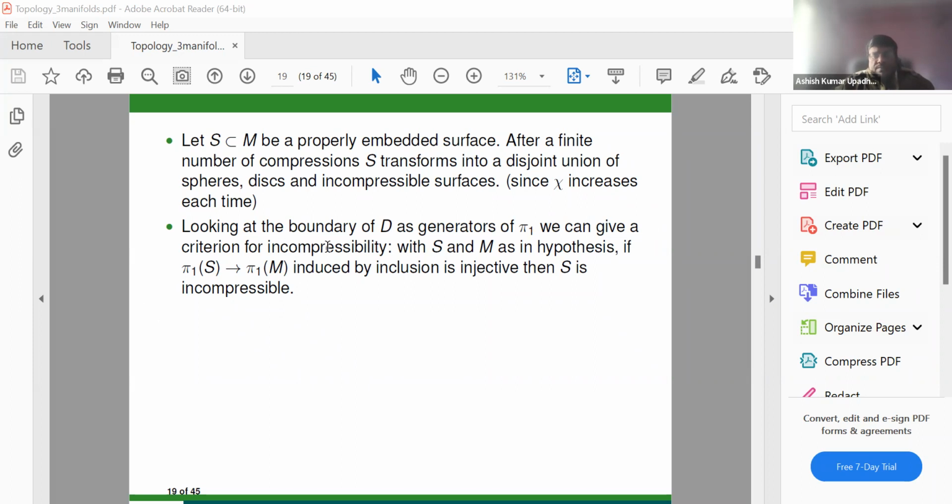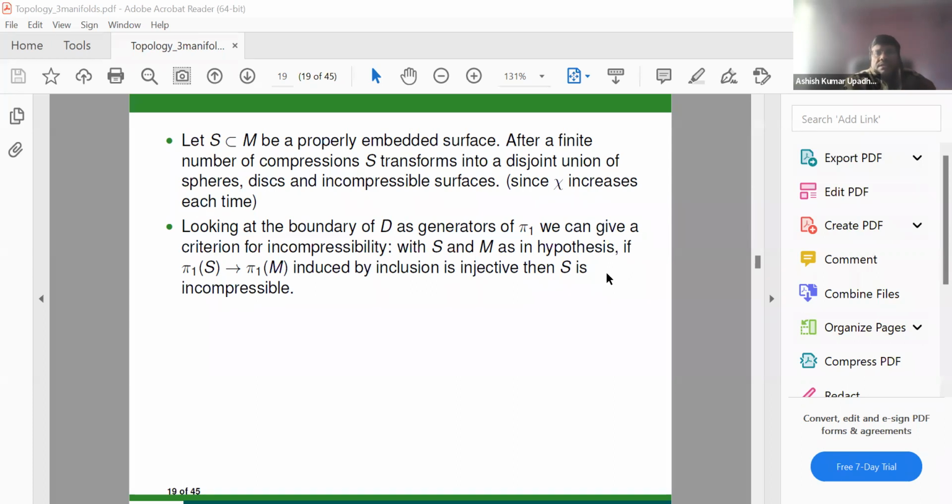Now, looking at the boundary of D as a generator of the fundamental group, we can give a criterion for incompressibility in terms of the fundamental group. The criterion goes as follows: if S and M are as in the hypothesis, and the fundamental group of S injects into the fundamental group of the 3-manifold, then S is incompressible. Why will this happen? Because if it has a compressing disk, then it is not injective.